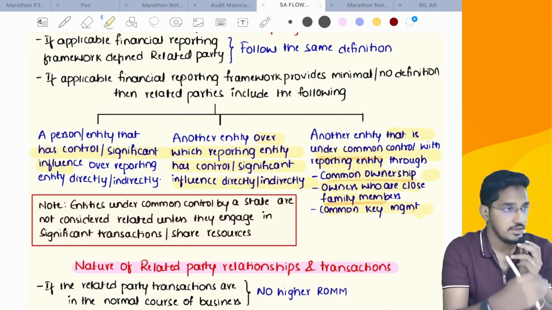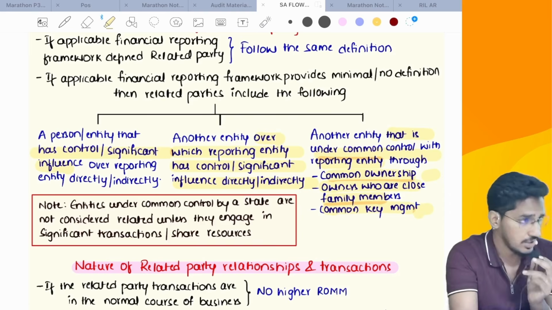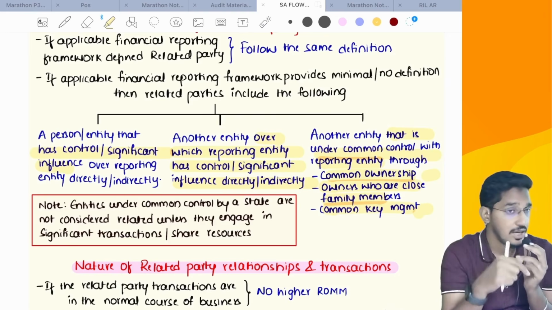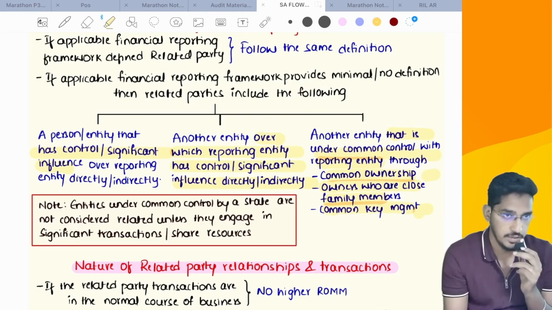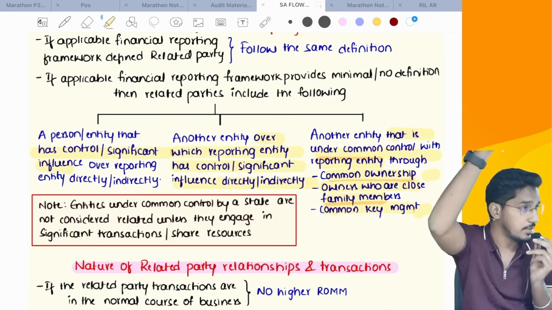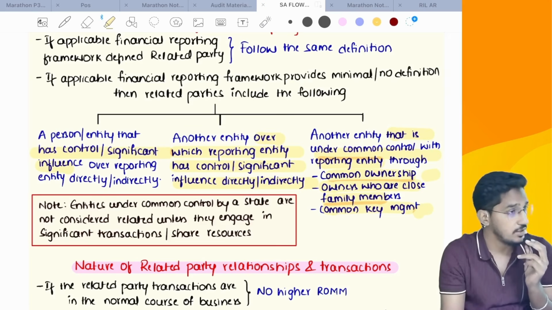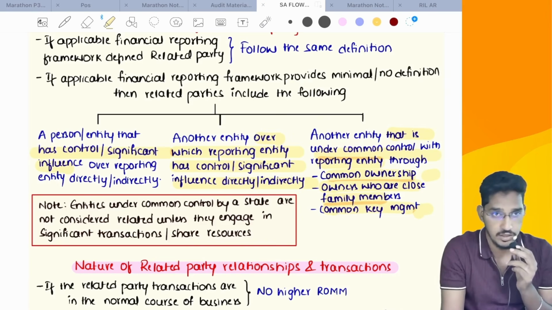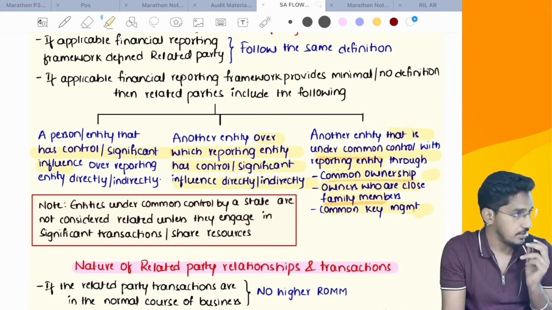So if someone has influence over your client, related party. If your client has influence or control over another, related party. If your client and some other entity are both under common control of some third party, then that entity also becomes a related party.